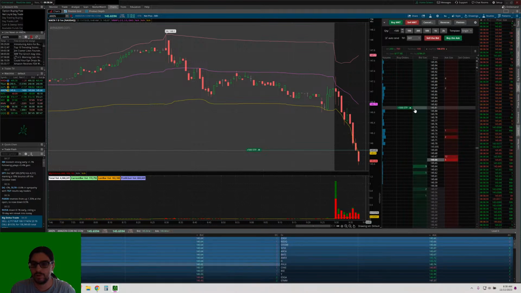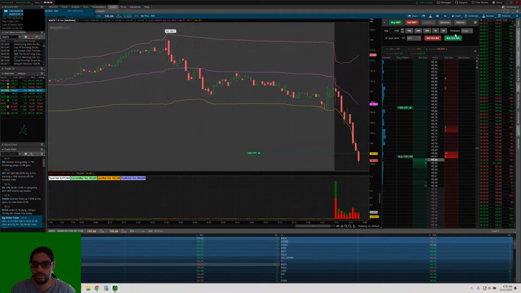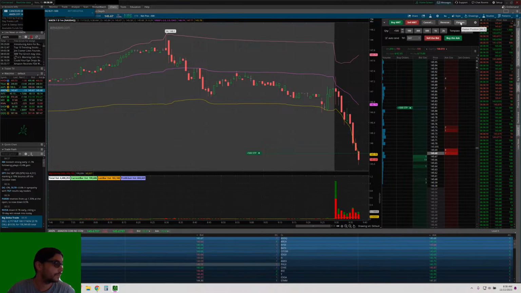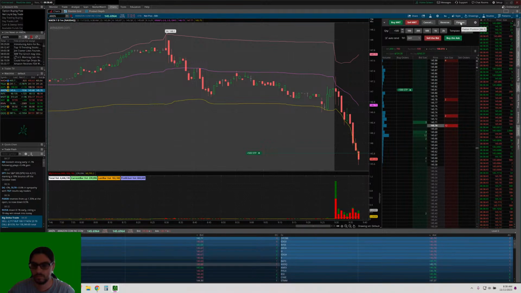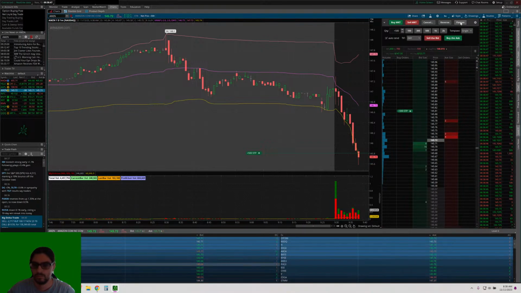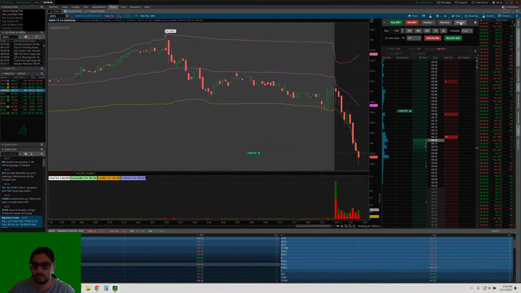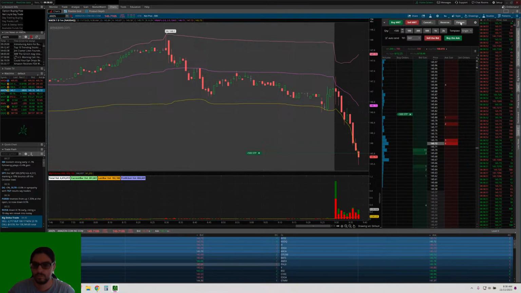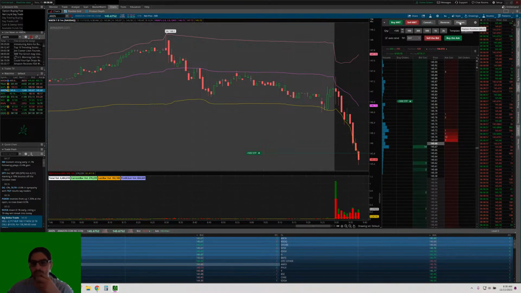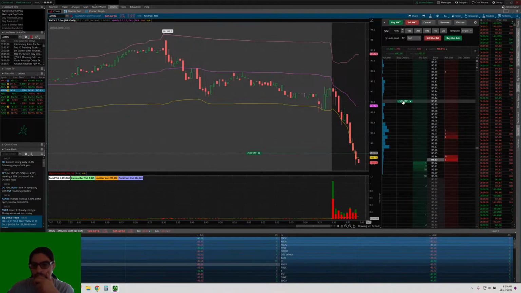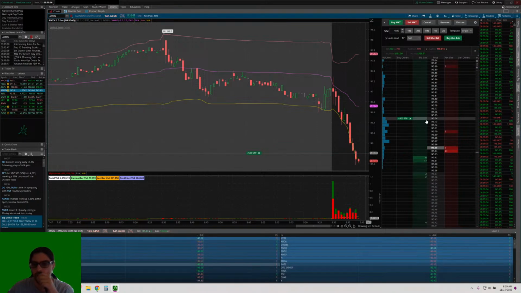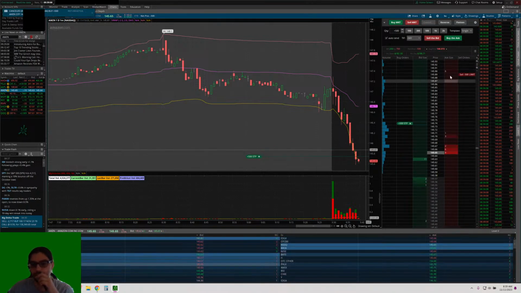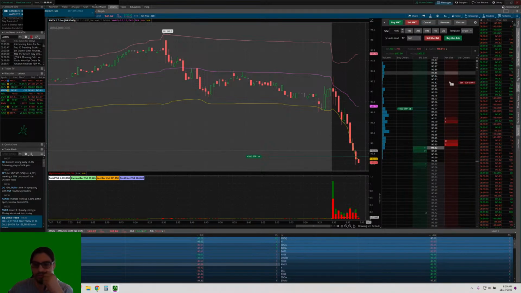We're just going to keep slowly moving us down a little bit. Looks like it could be fighting a little bit, so we're going to move that down just a tab.